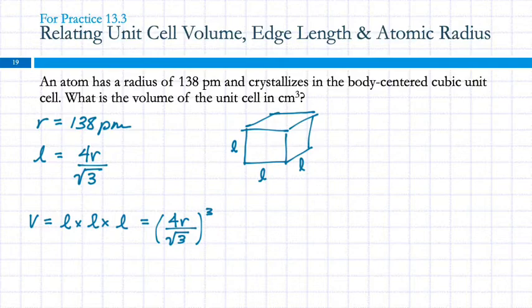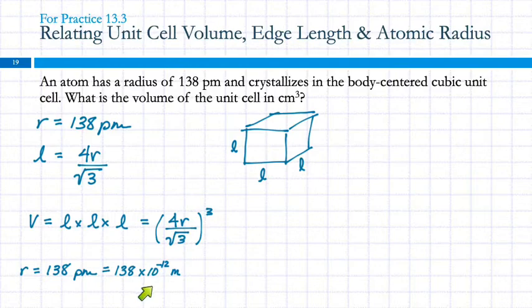So if my radius is 138 picometers, what does pico mean? It's smaller than nano. Nano's 10 to the minus 9. Pico's the next one, 10 to the minus 12. So that's the same as 138 times 10 to the minus 12 meters.